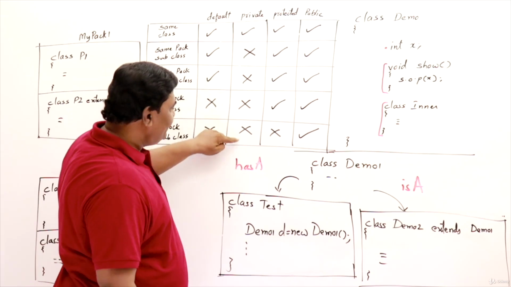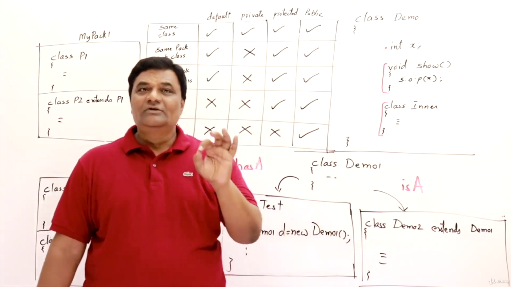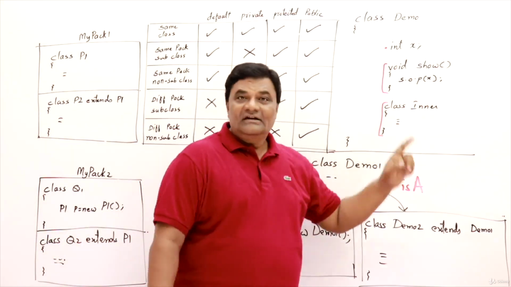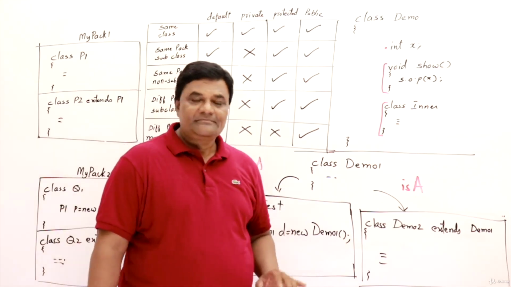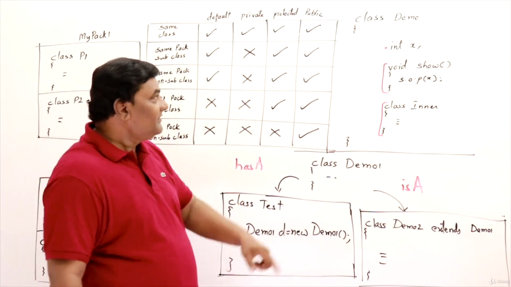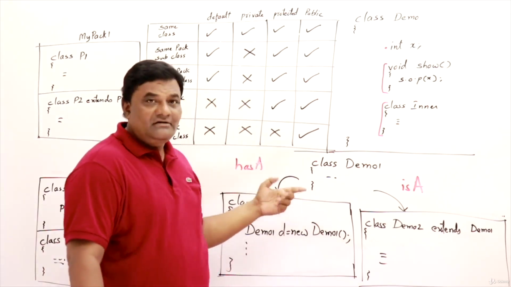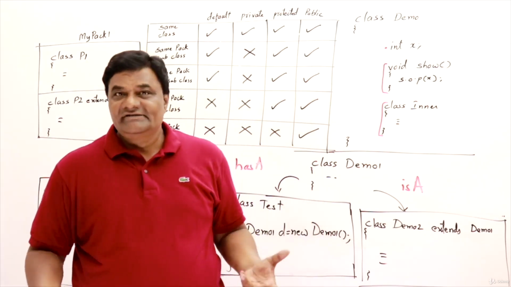They are not accessible anywhere else at all. This is easy to remember. This is finished. Then second thing to remember, public: they are accessible everywhere. This is also easy to remember.